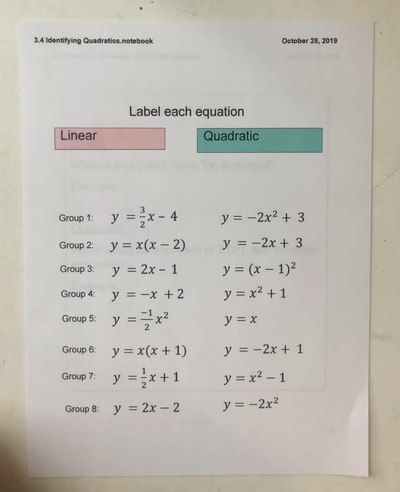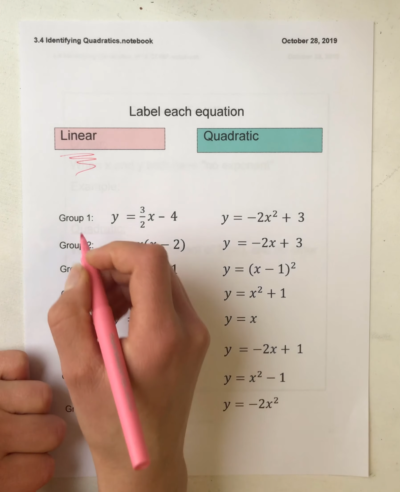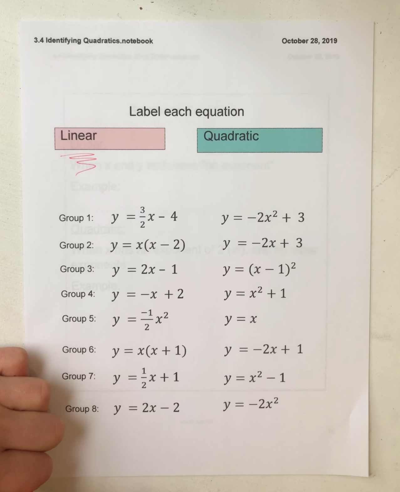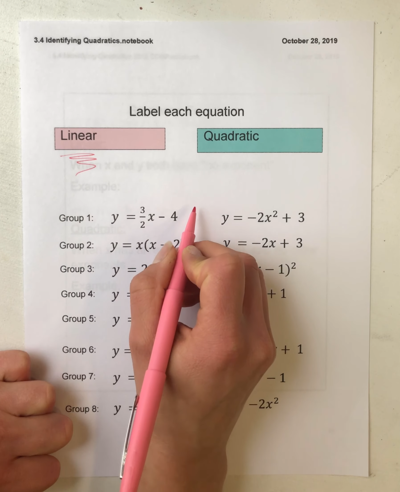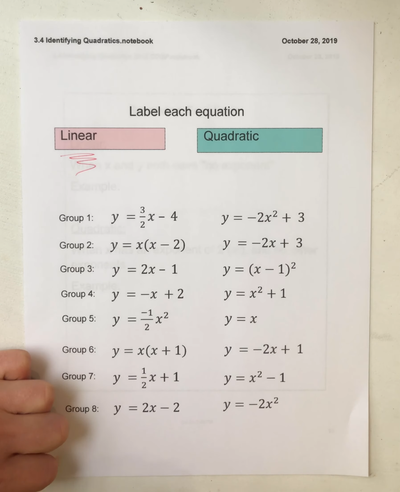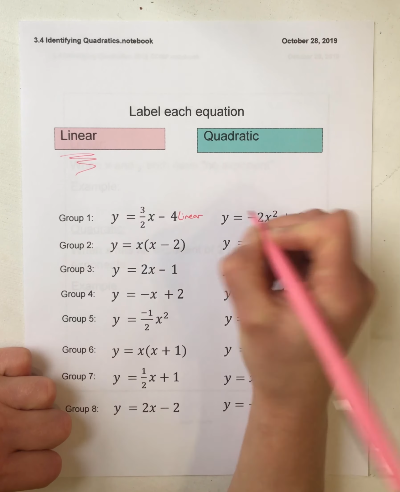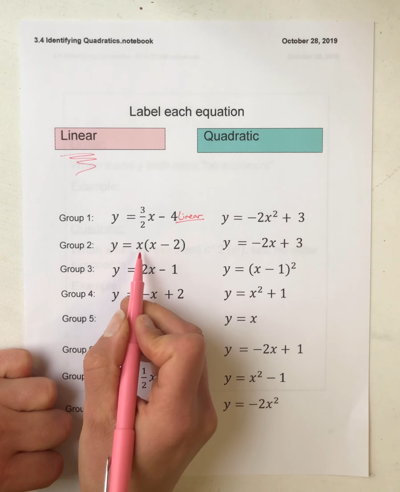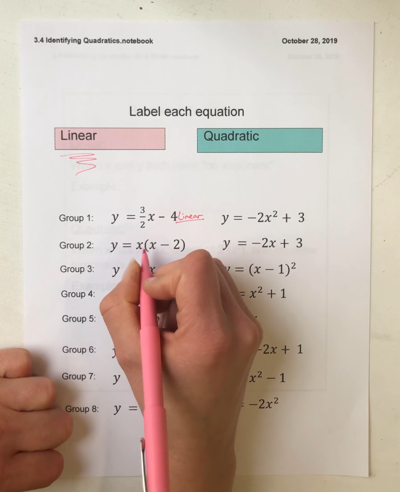Now we're going to take a look at equations. From our last unit, we remember what linear looks like, right? You guys would be doing this in groups, but we're just going to do it here. The first one looks identical to what we had seen in our previous unit, so this one is going to be linear. Our second one, we did not see this in our first unit, right?